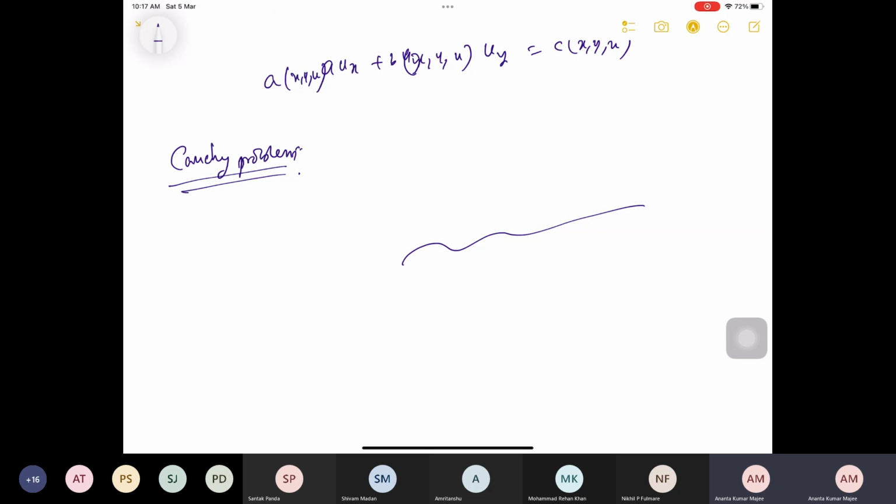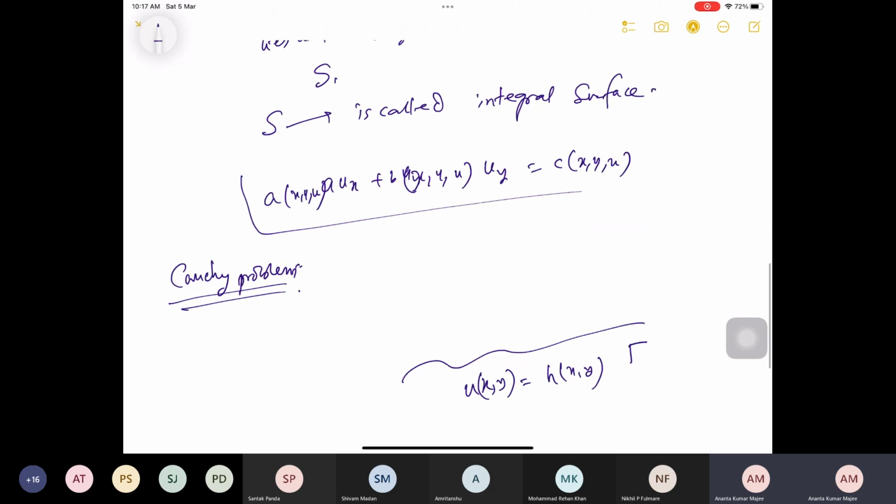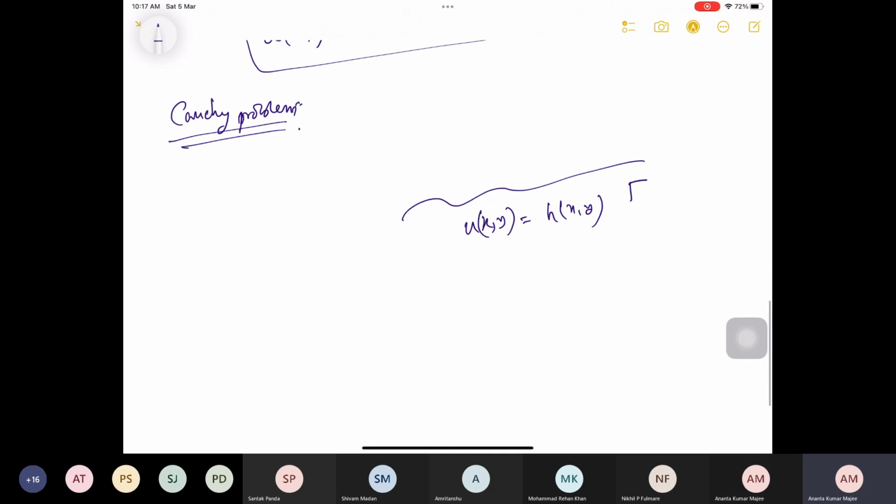So on some curve that I denote as gamma, my solution is given to you, u of x, y is equal to h of x, y, because as I told you, to find a solution to your PDE you need initial or boundary conditions, or maybe both. So here I want to find a solution u which satisfies my Cauchy linear PDE.